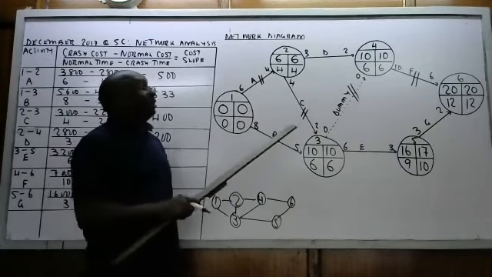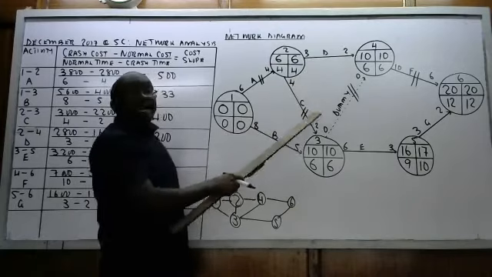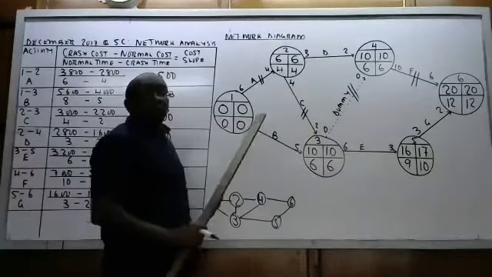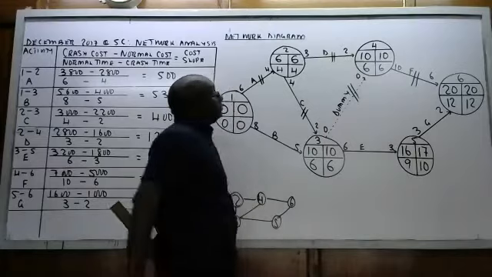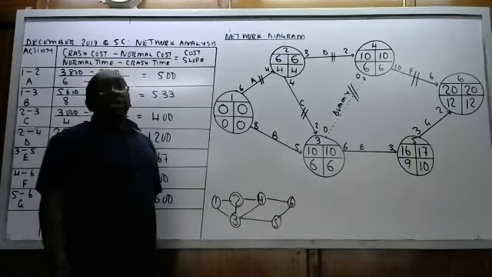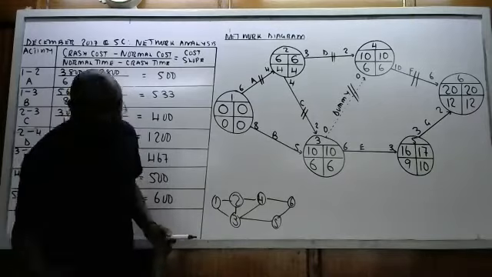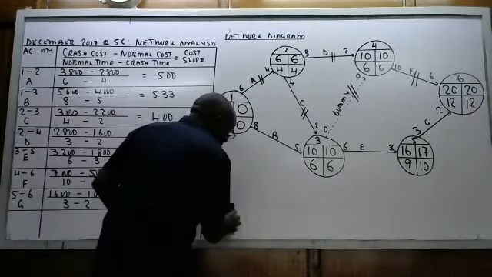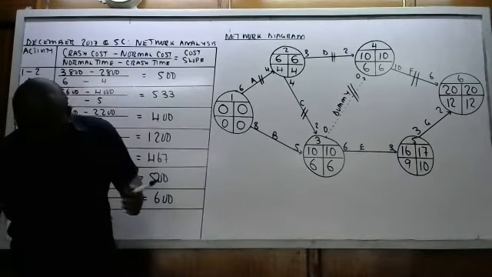D now becomes critical because through D, it is 2 days. Through C, it is 2 plus C. So even D now has become critical.